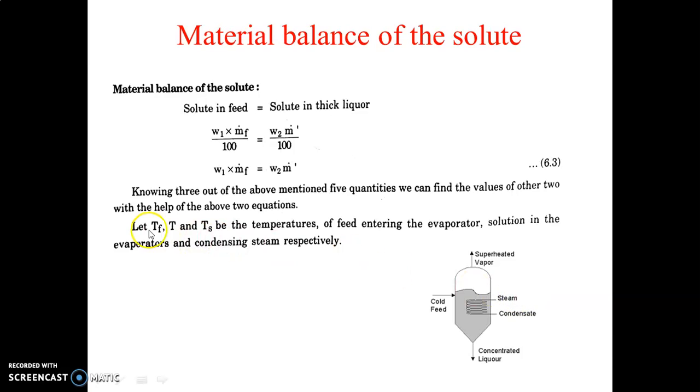You should note these temperatures carefully, because they are required in calculations in the problem. So Tf is the feed temperature, T is the solution temperature, and Ts is the steam temperature or condensing steam temperature.